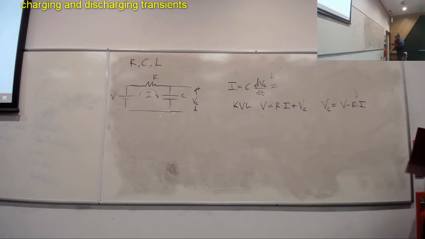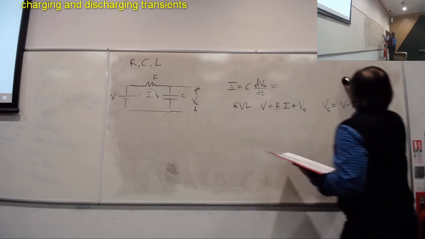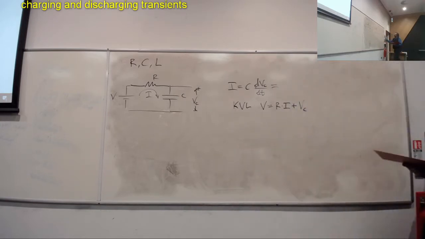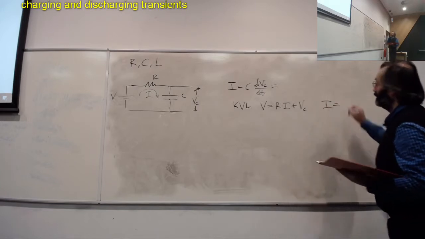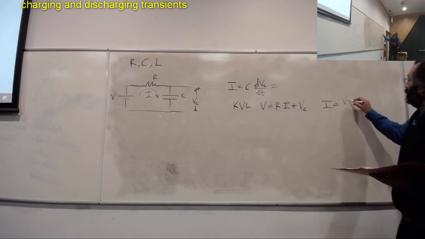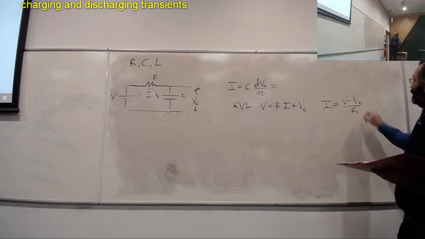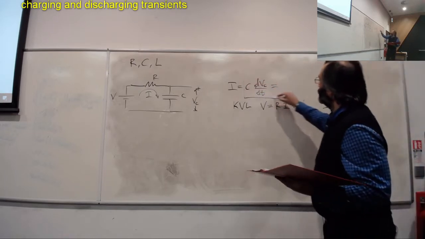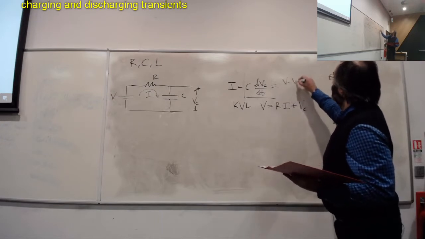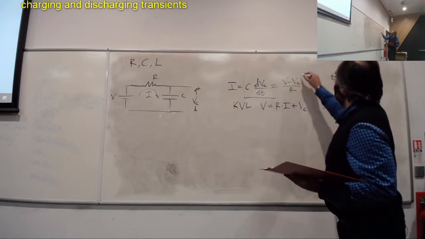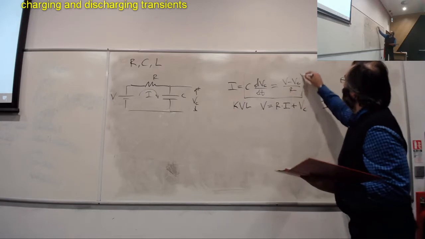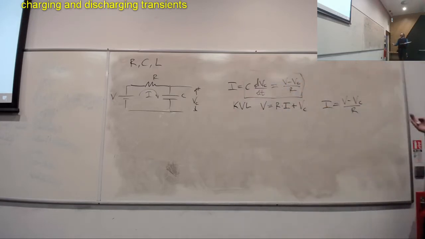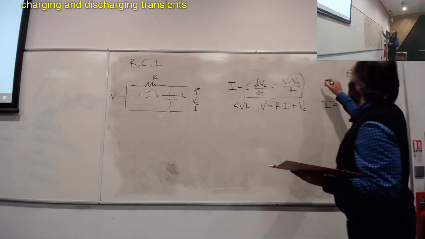Actually, I'll do something else. Sorry. I will find I from here. And so now I can say that this bit has to be equal to, so I have a differential equation there, as you can obviously spot.